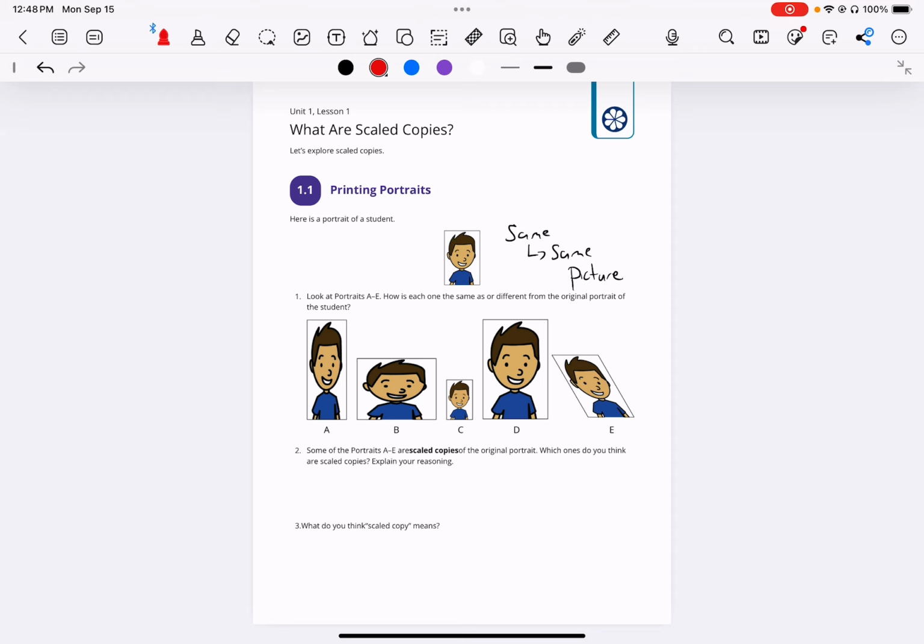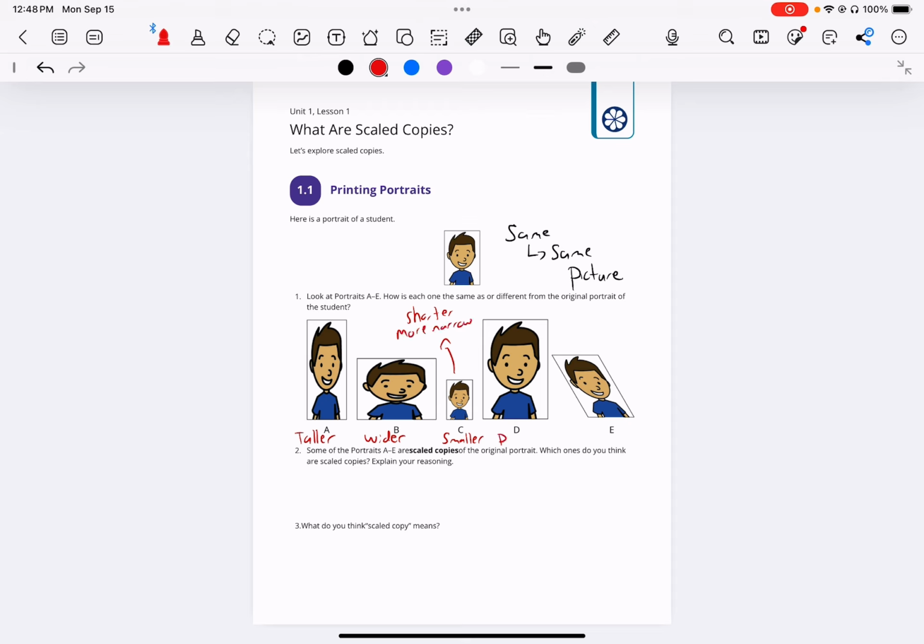Now if I go through each individual one, A was stretched to make it look taller. B was stretched horizontally to make it look wider. C, the image was made smaller in both directions, so it got shorter and it became more narrow.